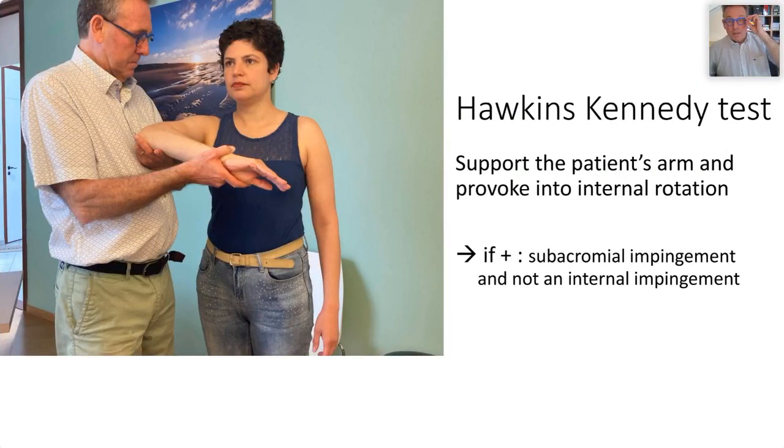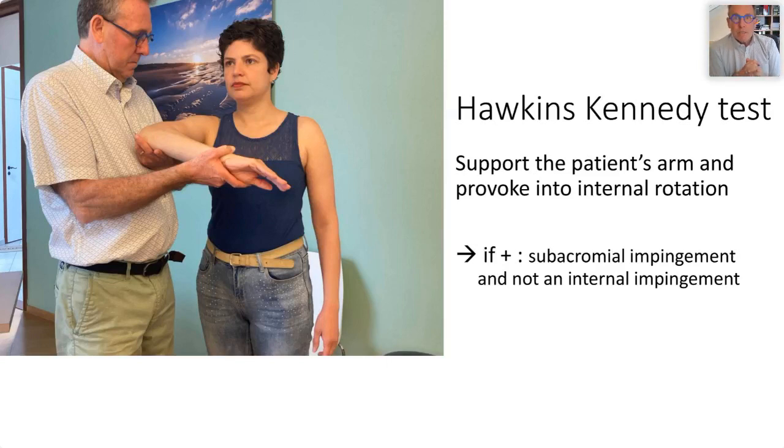The Hawkins-Kennedy test, if positive, you also think of a subacromial impingement and not an internal impingement. Okay, just an idea. But I don't like the word impingement. In the online platform, I have some other lectures on impingement. But what is impinged?